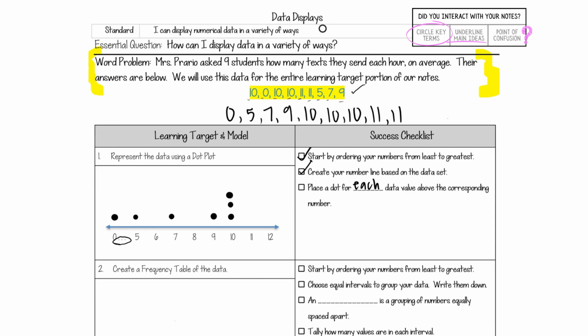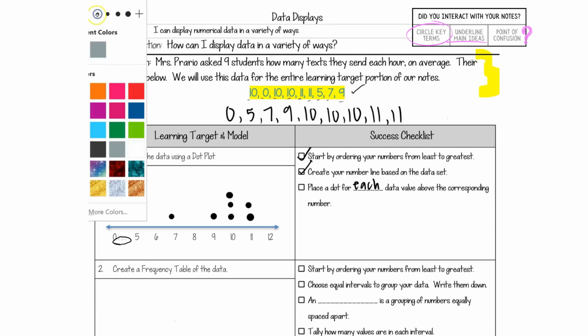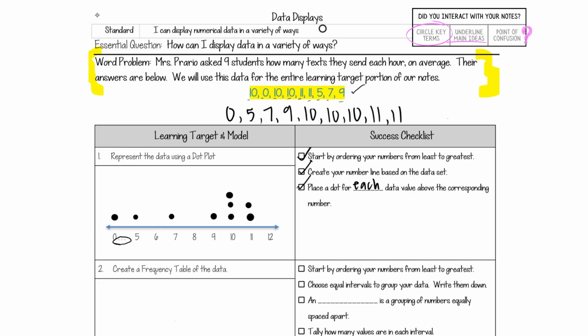That word each is signaling that we have to do 3 points above the 10. And then 2 11s.